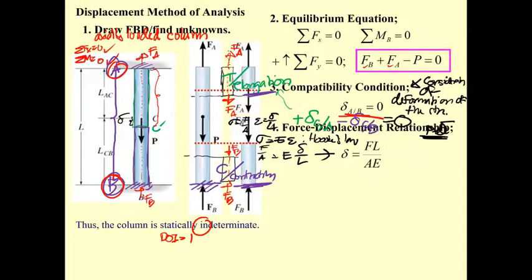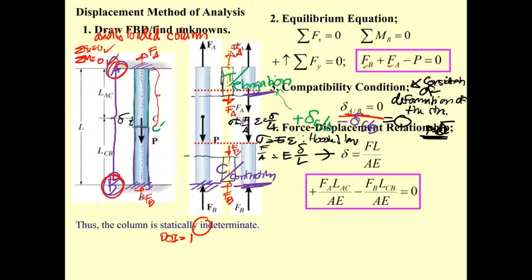For this free body diagram as I draw it, the delta C/A is going to be based on this one and this one together. So the F is going to be F sub A, the L is going to be L sub AC, divided by AE.